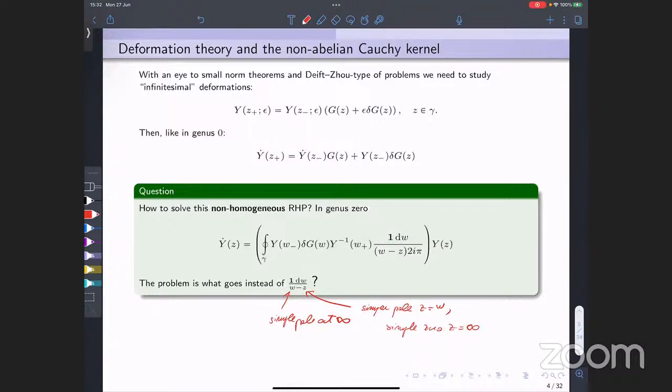So I'm just alerting you to the necessity, which you do not think about in genus 0, that you must choose some kind of reference point, infinity. What is this infinity for people in the Riemann-Hilbert community? Well, it's the point where you say my Riemann-Hilbert problem is normalized, for example. Your solution has to be identity at infinity.